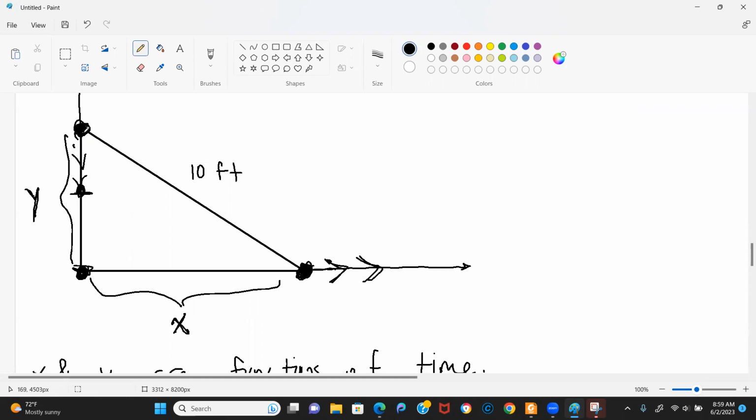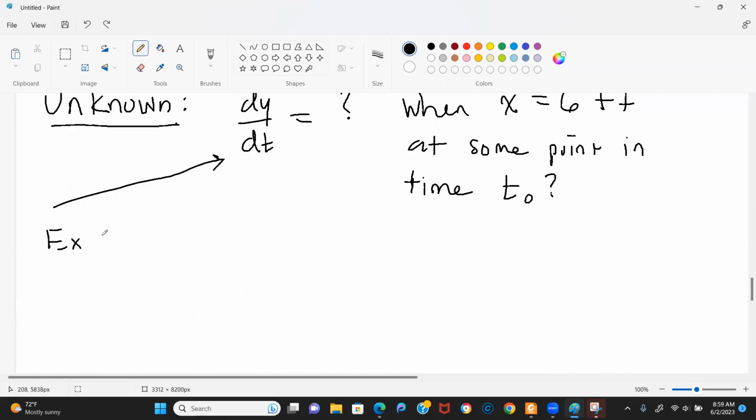And so when this point goes down here, this point might be further along here, and then you have this narrower triangle, I should say. So what we expect is that dy/dt is negative. It should be a negative number.